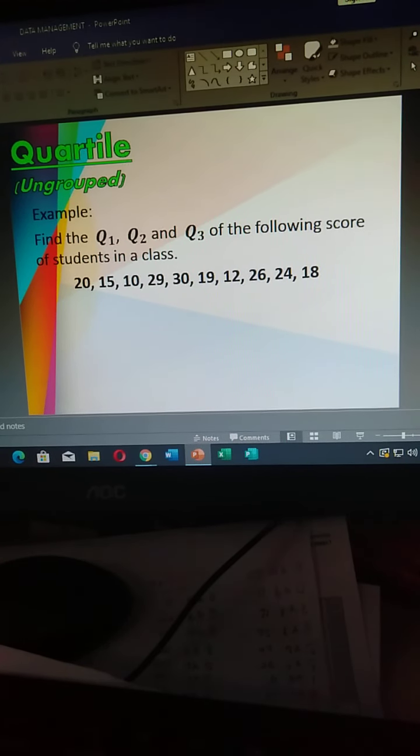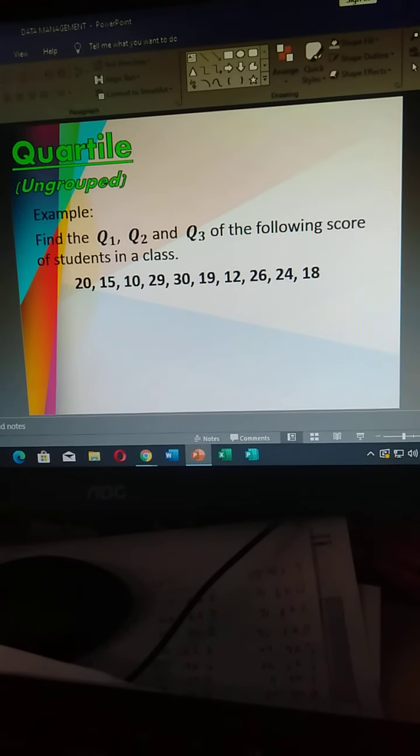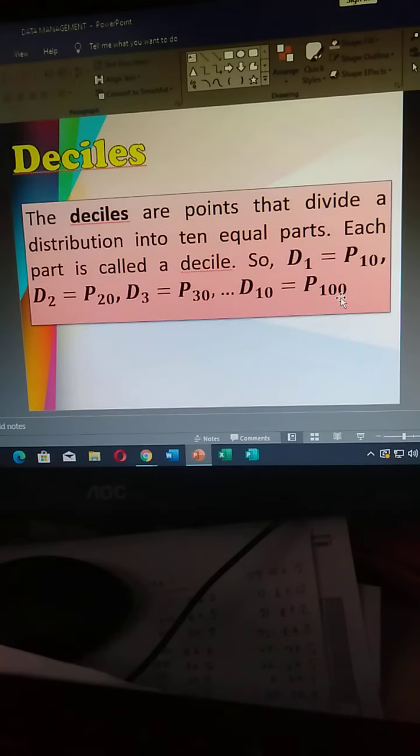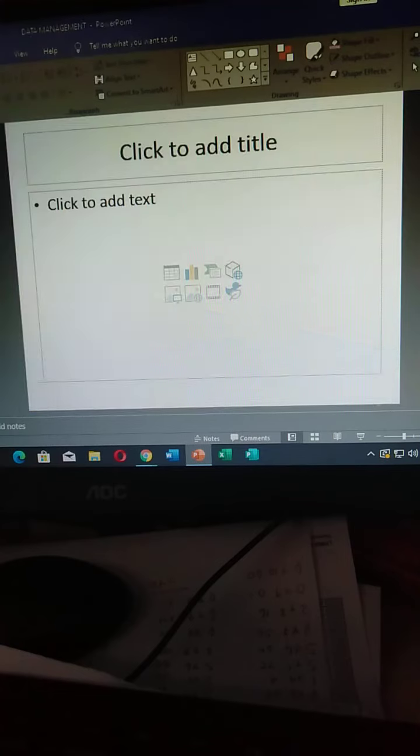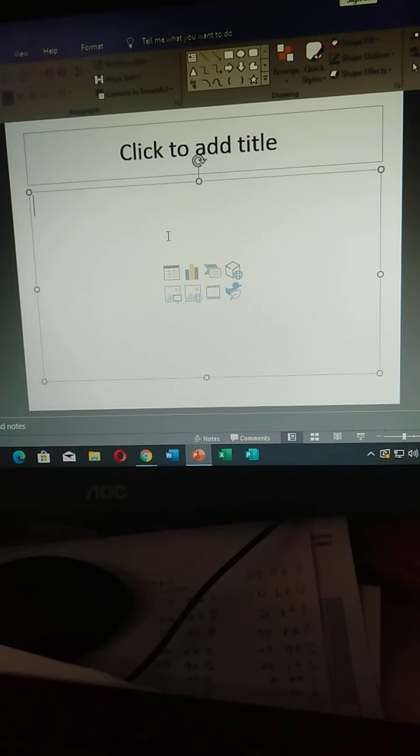Okay, ganito po siya. We are looking for Q1, Q2, and Q3. First, as I told you kanina, maglagay na lang tayo input. Okay, first, all we have to do is to arrange, no?